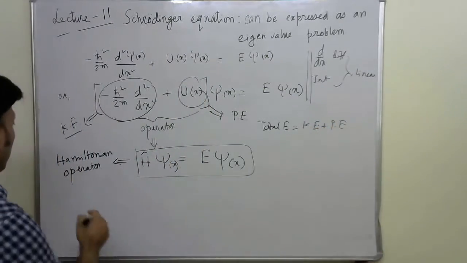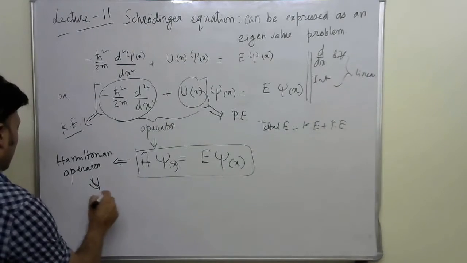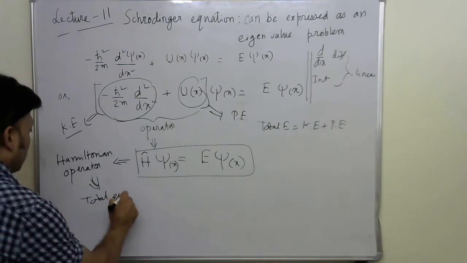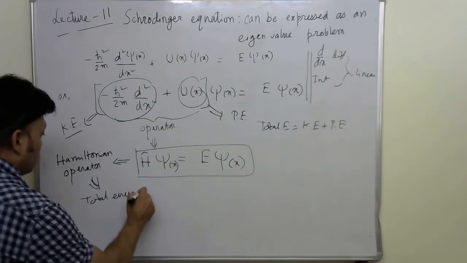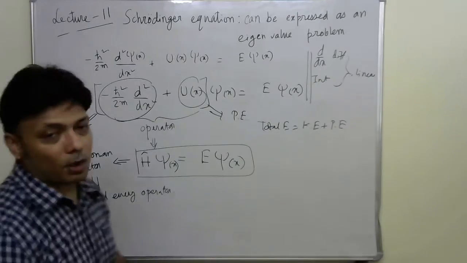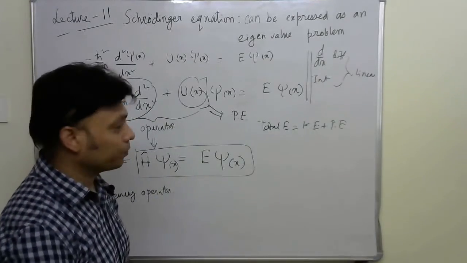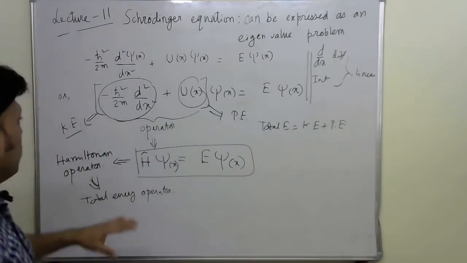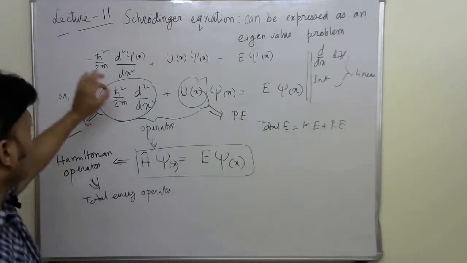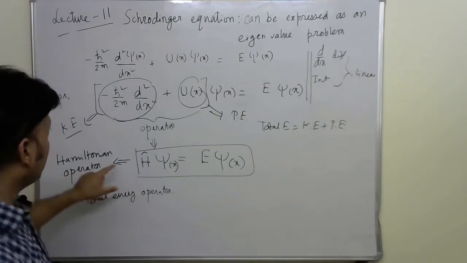So the Hamiltonian operator is the total energy operator.